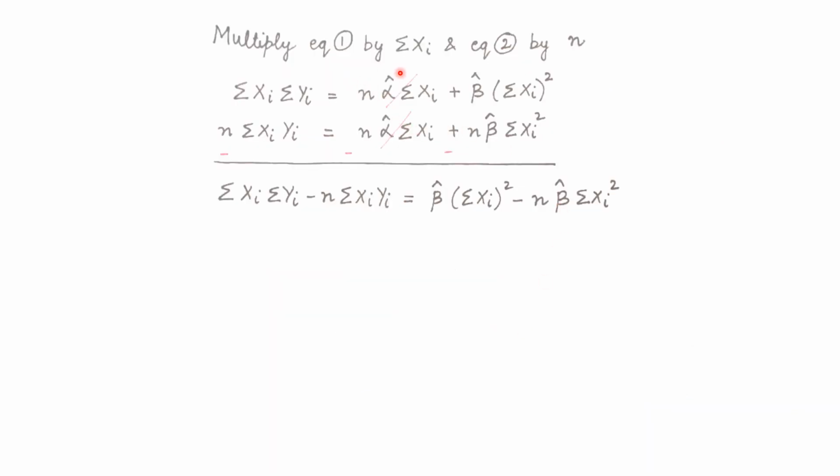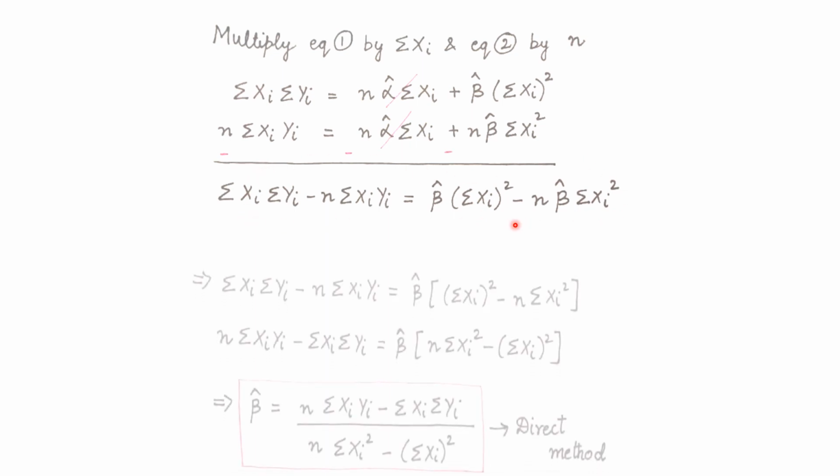Now by simple mathematics, solving these two equations by the elimination method, what we are doing here is multiplying equation 1 by summation xi and multiplying equation 2 by n. N is the sample size. So when we do this and subtract these two equations, we'll see that these two terms will be eliminated and the rest is this in front of you, right?